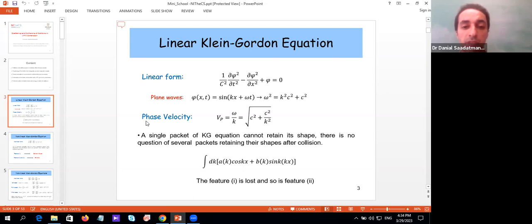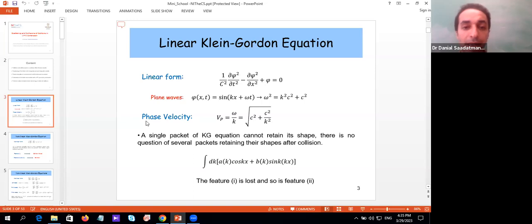If we calculate the phase velocity of the waves, each part of the waves has a different velocity, so when these waves move in the medium, the velocity cannot be constant. As a result, when two different waves of such an equation interact with each other, they cannot retain their shape after the interaction.